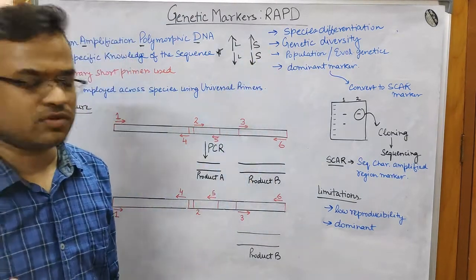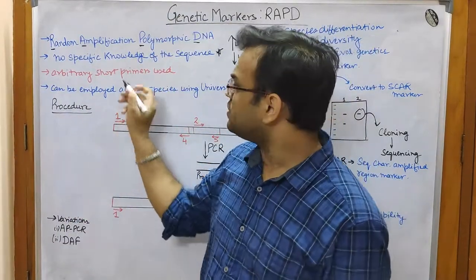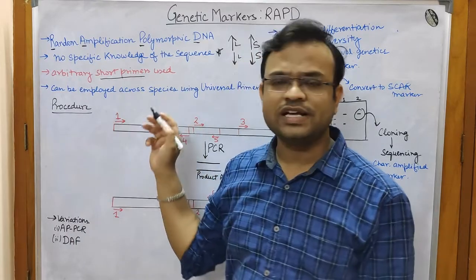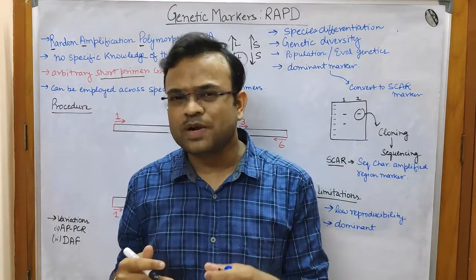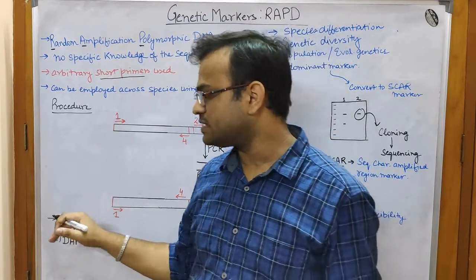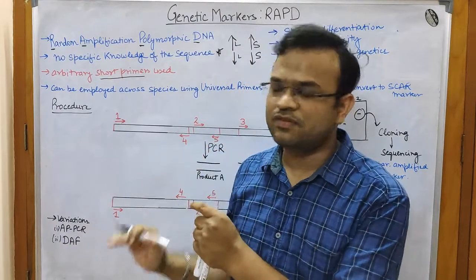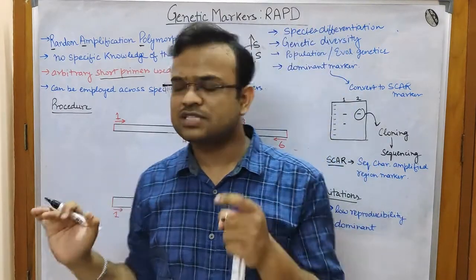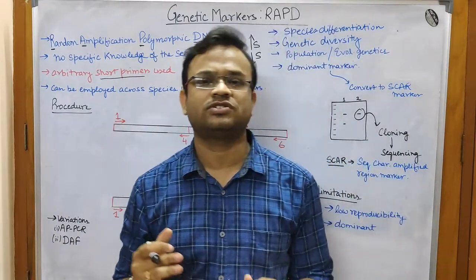You need to understand this. So here generally short primers are used. I will tell you in detail about this. Not only short primers are used, but long primers are also used. We will study this in the variations of RAPD. Let us for now understand that generally short primers are used.